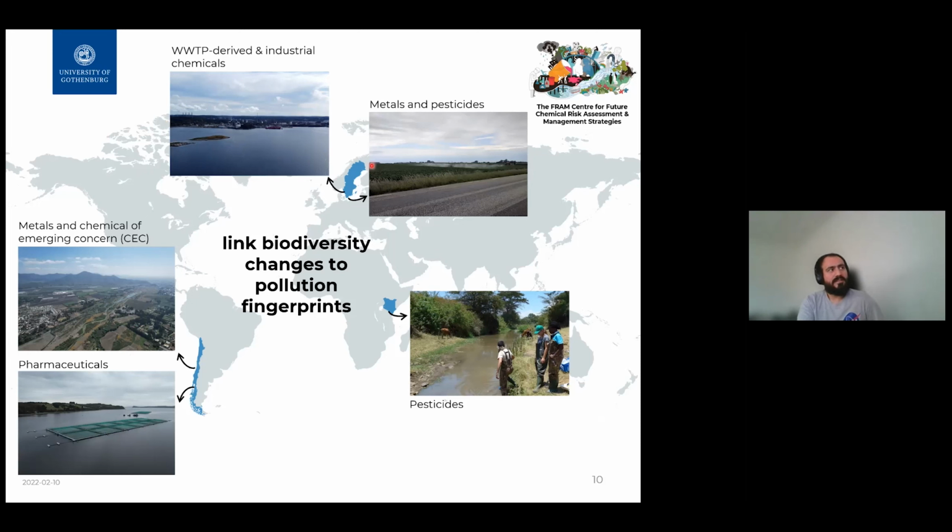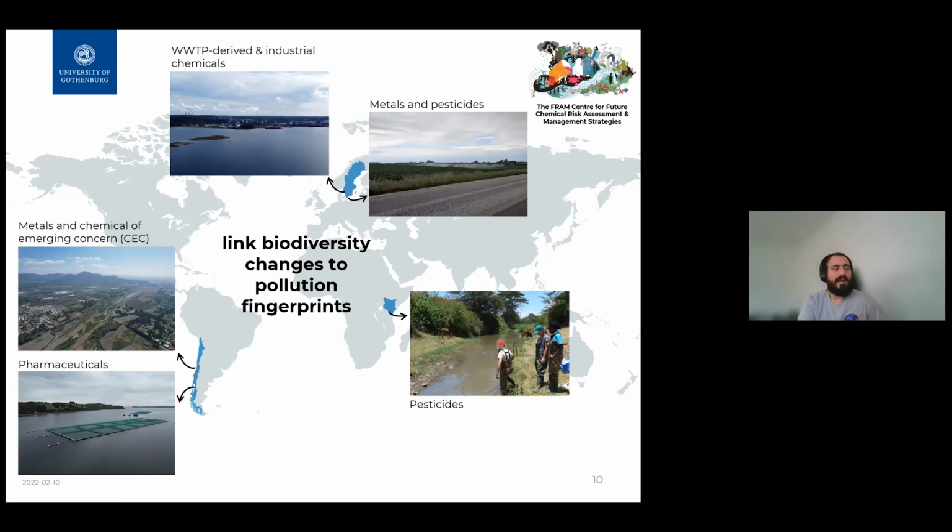We have another study in the south of Sweden. This study is about pesticides in a freshwater system, and we are collecting environmental DNA from small rivers and a small stream running through intensive agriculture areas in Sweden.